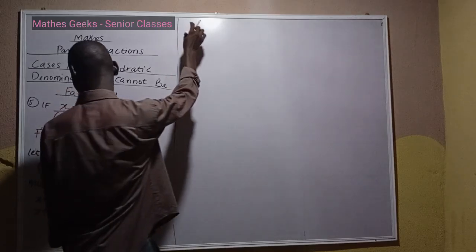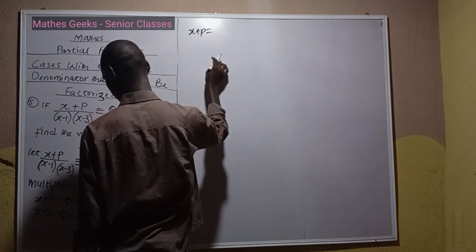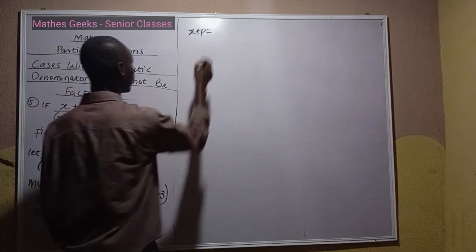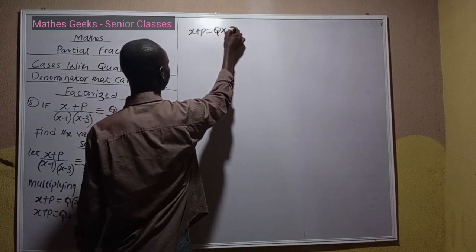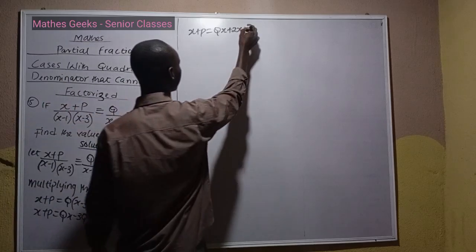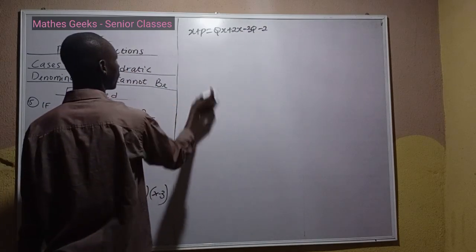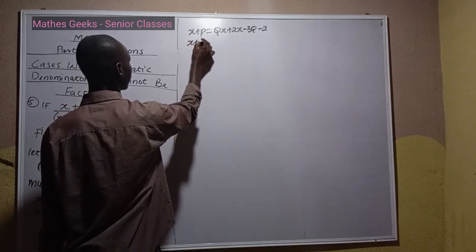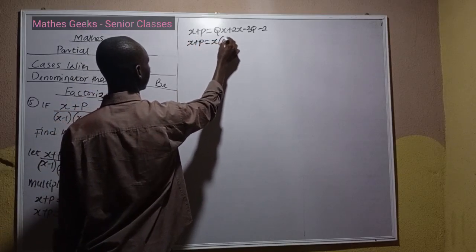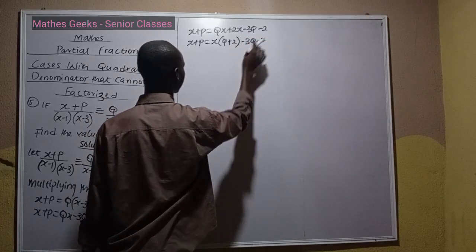So x plus p, collecting terms, qx plus 2x, then minus 3q minus 2. So x plus p is equal to x times q plus 2, minus 3q minus 2.